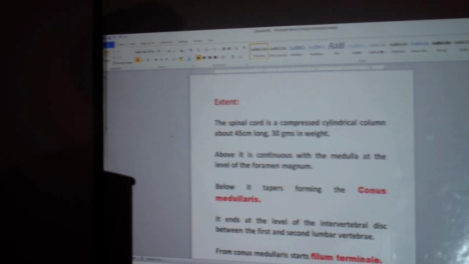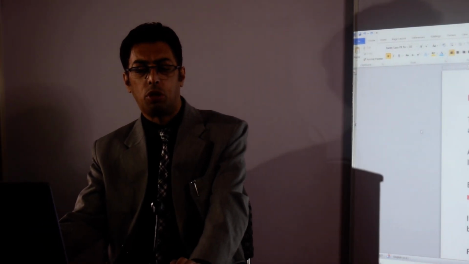Now, what are these three terms? As mentioned about the two terms, conus medullaris is nothing but the terminal part of the spinal cord. And from the conus medullaris exits a fold of pia mater, and that is given the name filum terminale.